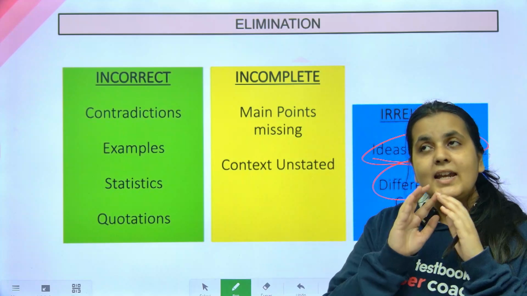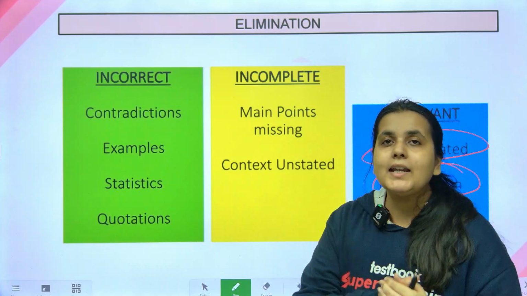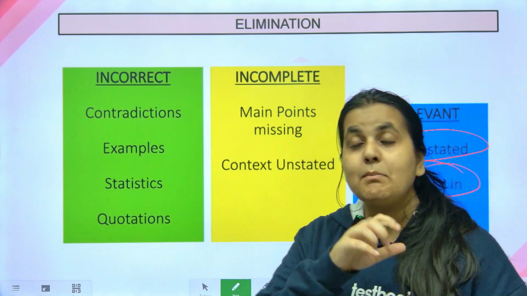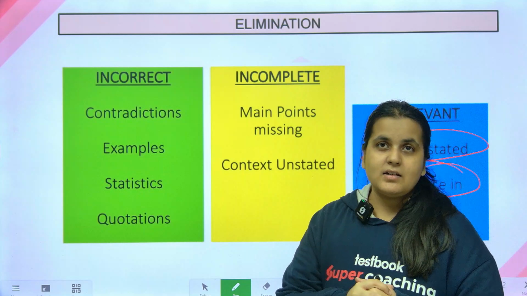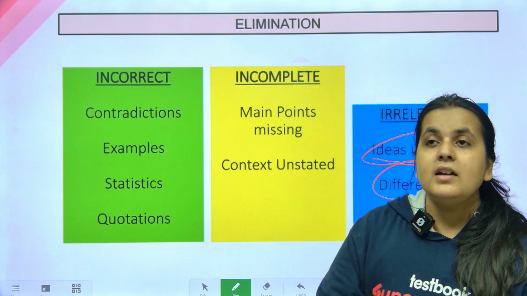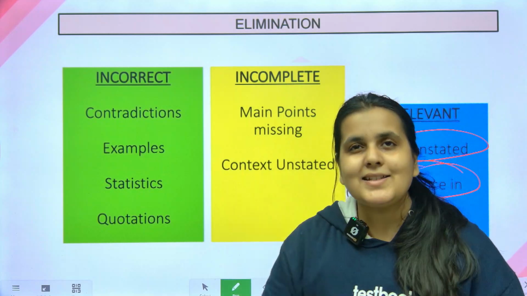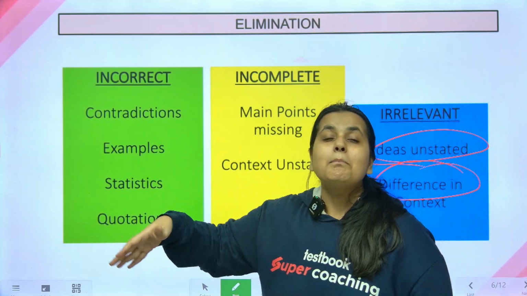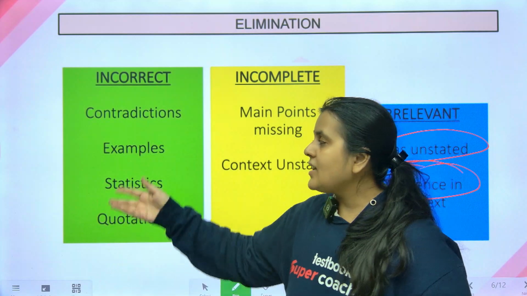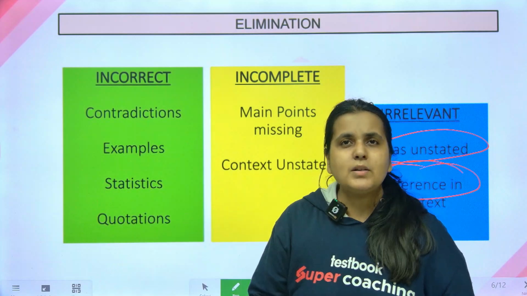Then eliminate any option where the main idea, the author's main position, main focus is missing. So if main points are missing, eliminate that. Any option which gives you unnecessary data, unnecessary points, where the main things are not there, like examples, is not important.